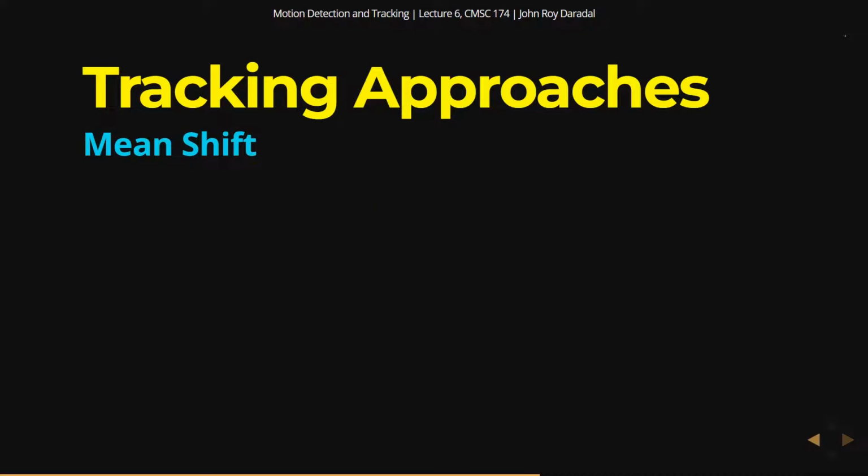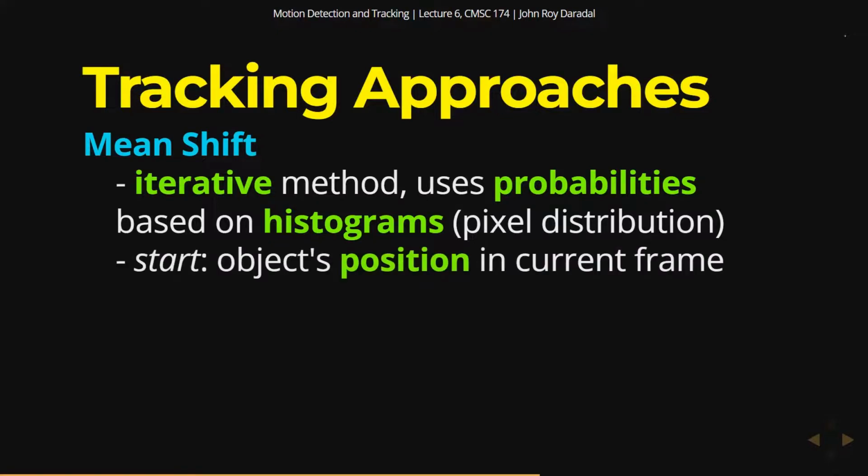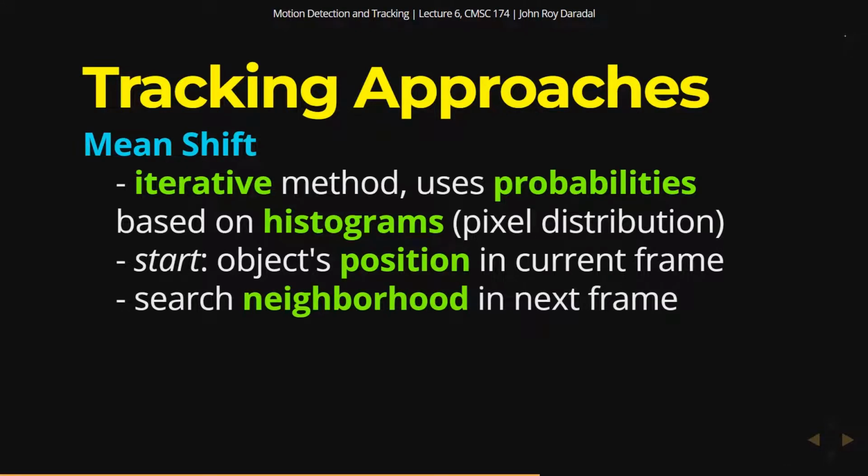Okay, so the next one is called mean shift, and for mean shift, this is an iterative method. Okay, so you don't just do this one time. So you iterate through it and you use probabilities based on histograms or pixel distribution. Okay, so you start with the object's position in the current frame, and then at the next frame you will search the neighborhood starting at that position that we had.